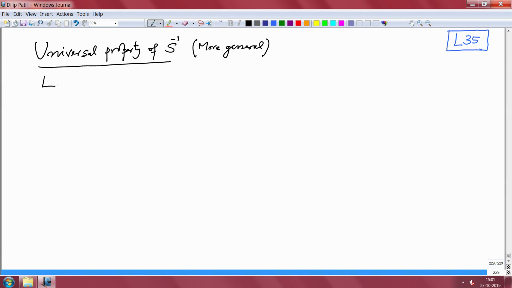So, let phi from A to B be a ring homomorphism.